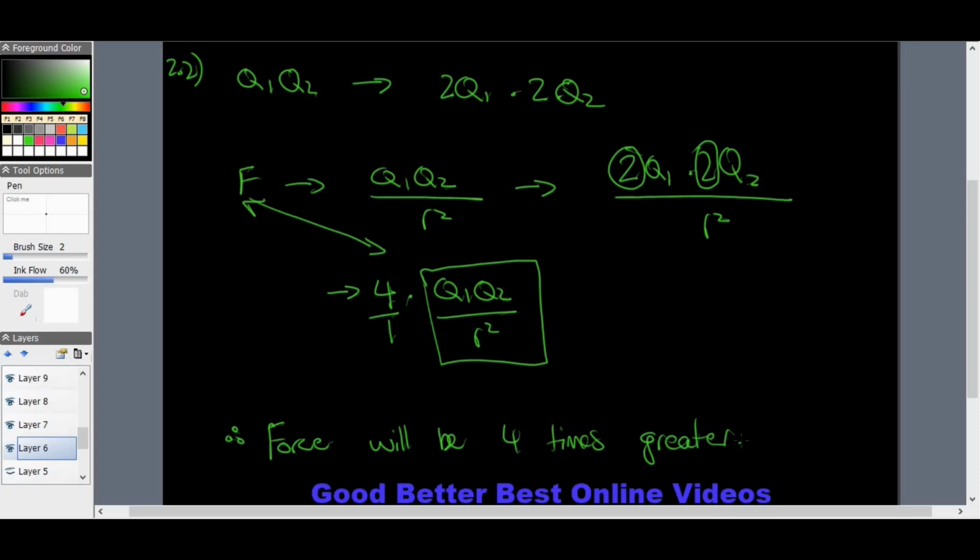Because remember, just like algebra, if x had to double itself, it would be 2x. So we're using Q now. Q was like a 1 there, so you double it, it becomes 2Q. So you've got coefficients now, so 2 times 2 is 4.